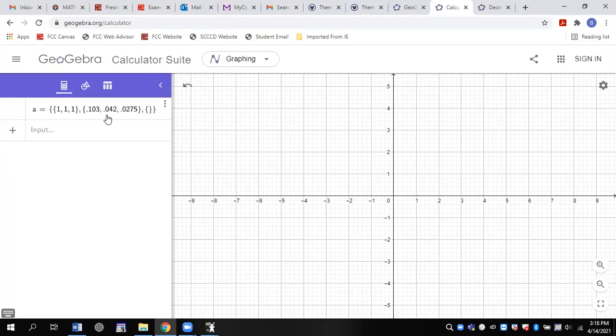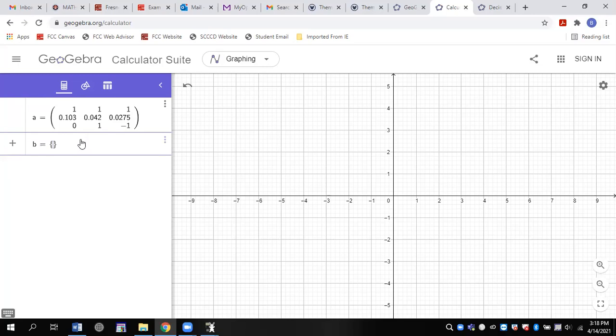Third row, 0, 1, negative 1. All right, so you put in all three rows, each in their own curly brackets, and there's curly brackets on the outside of the whole thing. Enter. There it is. There's matrix A. I'm just double checking. Yep, looks perfect.